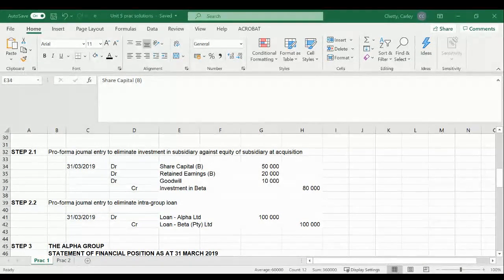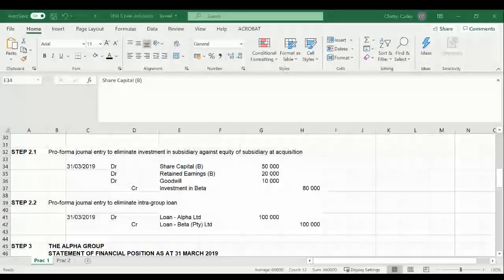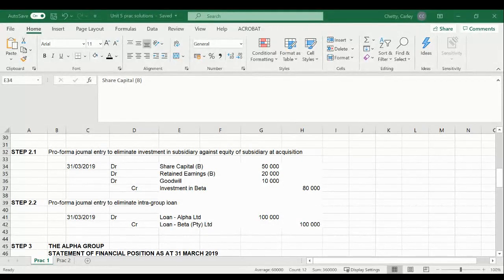So a company cannot owe itself money. So this intergroup loan needs to be eliminated. And these are the journal entries we have just gone through. So we're going to debit the loan of 100,000 Rand to eliminate it in Beta's books. And then we're going to credit the loan to eliminate this amount in Alpha's books.